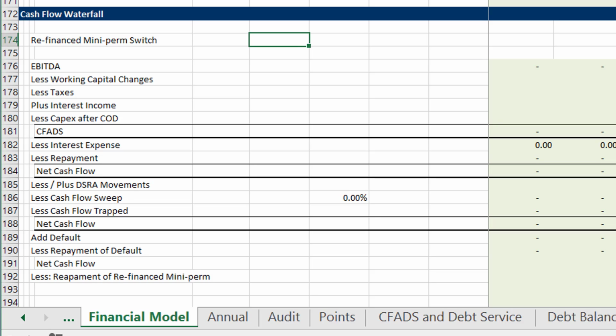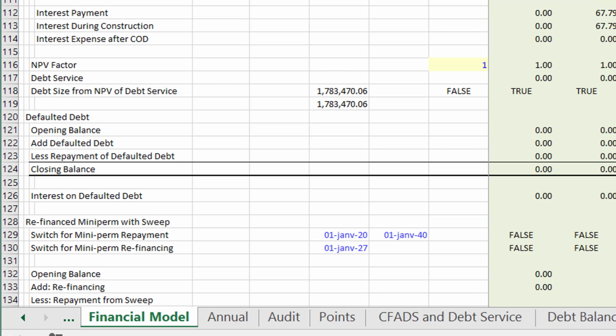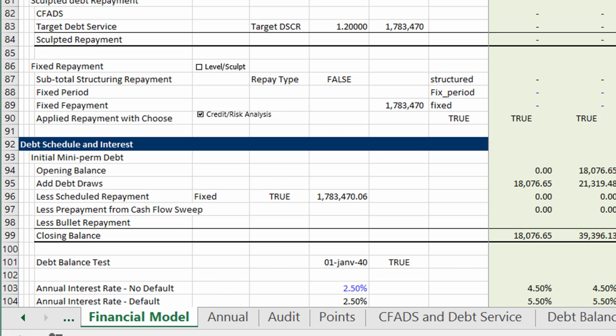The first thing, we only do this when it's fixed. This is when we're in our credit analysis mode, when we fixed the repayments.